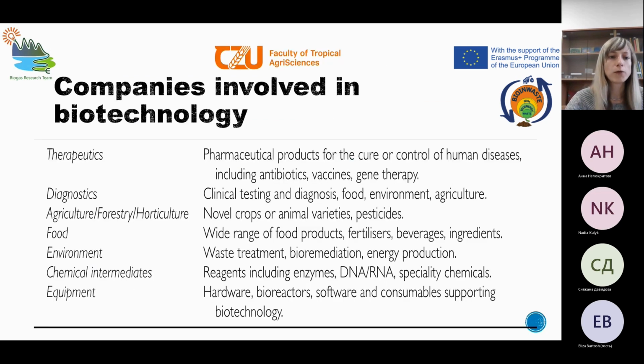About some of the processes involved in biotechnology: in traditional areas, we see therapy, medicine, treatment, diagnostics, agriculture, food, environment, different types of chemical intermediates, equipment. All of this is very important for our life, and we often use products of these fields.